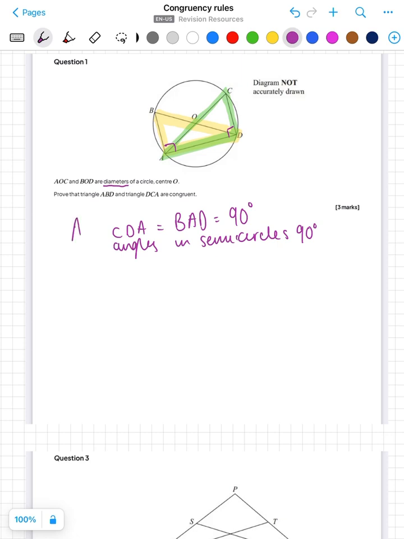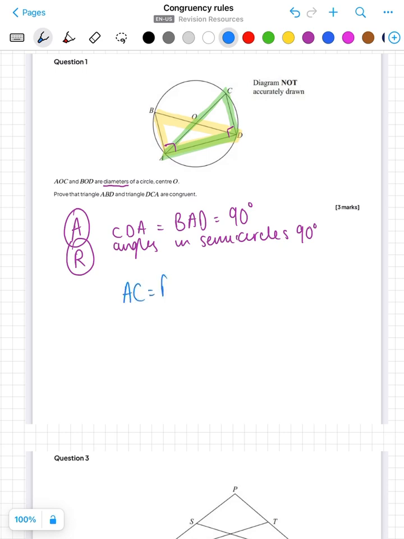So what we've got is an angle, or we could call it a right angle. Next, what we can see is AC and BD are equal. AC equals BD as they are both diameters of the circle. Now they are the sides opposite the right angle, so we could call that a side, or we could call that the hypotenuse. So what we've got is right angle, hypotenuse.